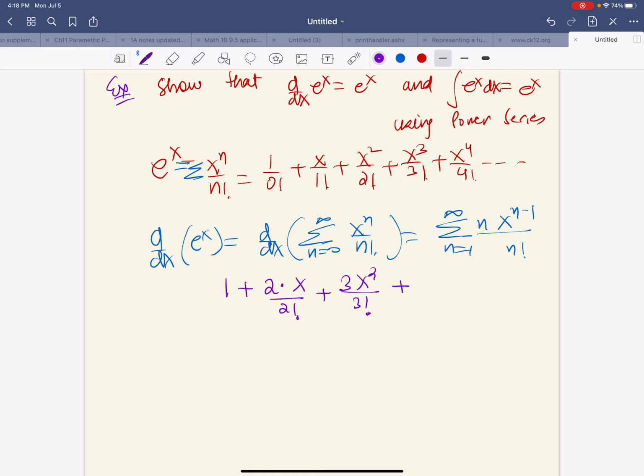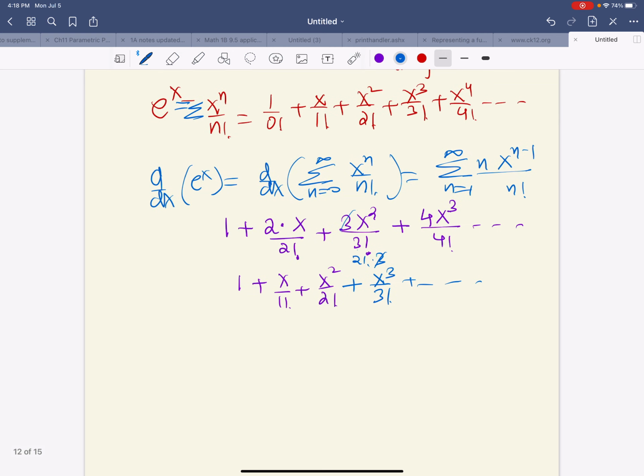Plus n is 4 times x to the third power over 4 factorial. And if you simplify, this is going to turn out to be 1 plus x over 1 factorial plus x squared over 2 factorial, because 3 factorial can be written as 2 factorial times 3, and we can cancel the 3, plus x to the third over 3 factorial and so on.